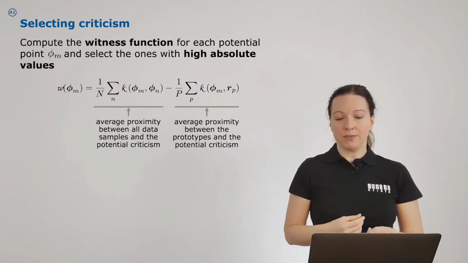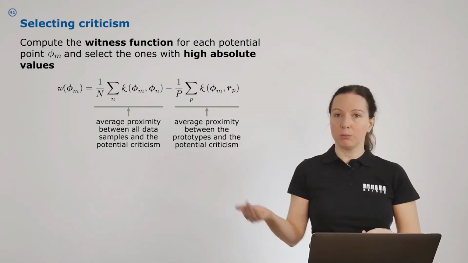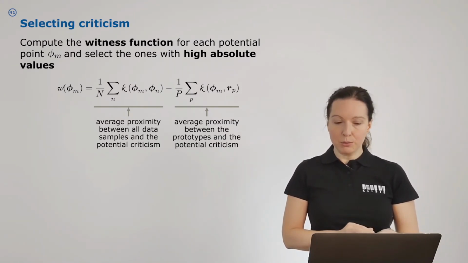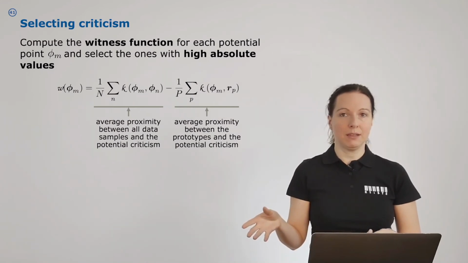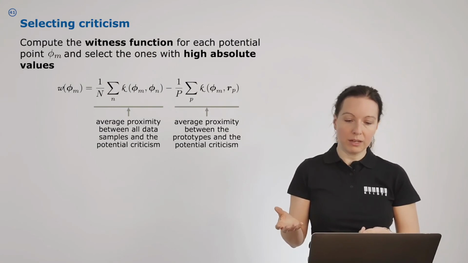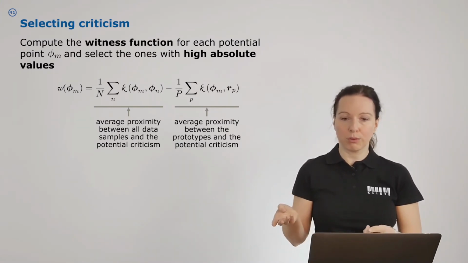If the witness function is negative, the first term is small and the second one is large. That means that the prototype distribution overestimates the data distribution. That means the prototypes were selected where the density is small. So you selected too many prototypes.